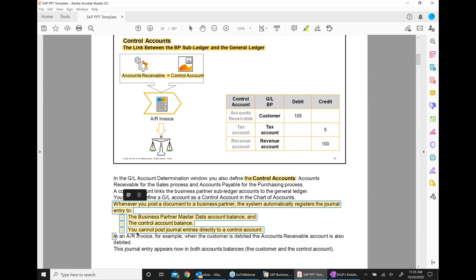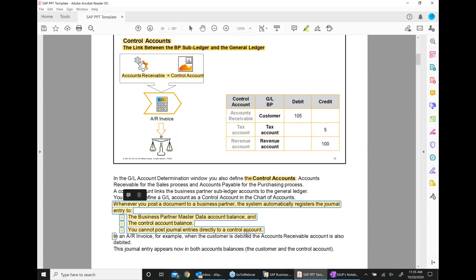Make a note of the third bullet point. You cannot post a journal entry directly to the control account. Control account cannot be maintained manually. They only get updated indirectly.